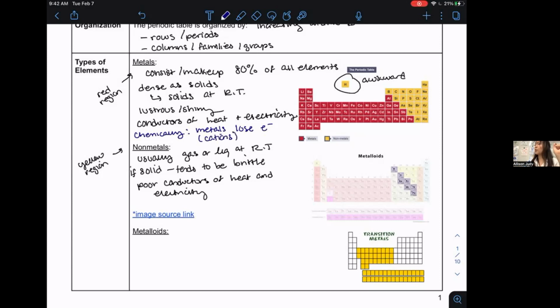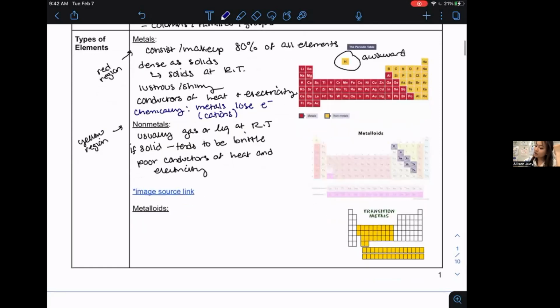They like to become more positive, some way or another. On the other hand, non-metals, from a chemical perspective, they like to gain or share electrons. So they either take on an anion position or at least more negative. Maybe they can't get fully negative, but they can get partially negative. That will make sense in a couple weeks.